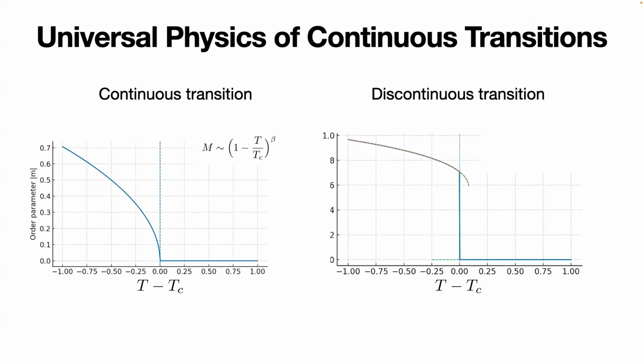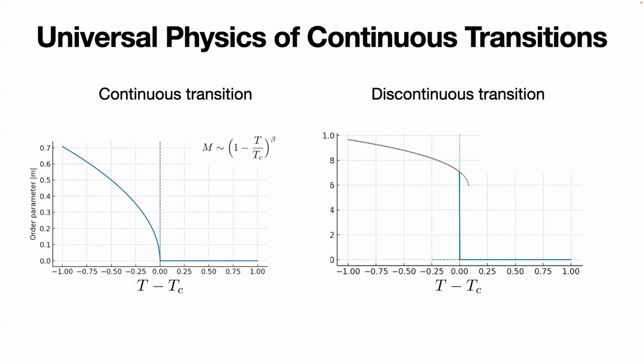So in this slide, I give you two figures to show you the very obvious difference between the continuous phase transition and discontinuous phase transition. So suppose we start with some phases described by some order parameter.